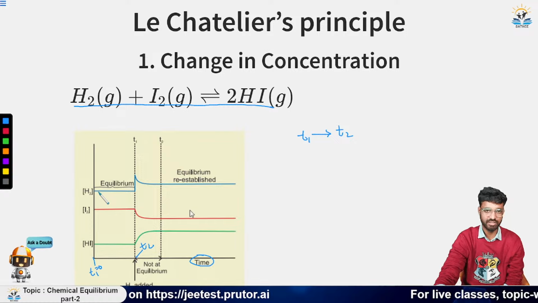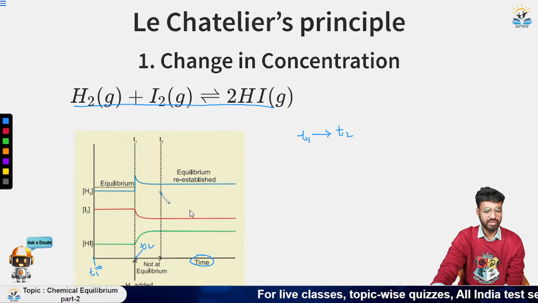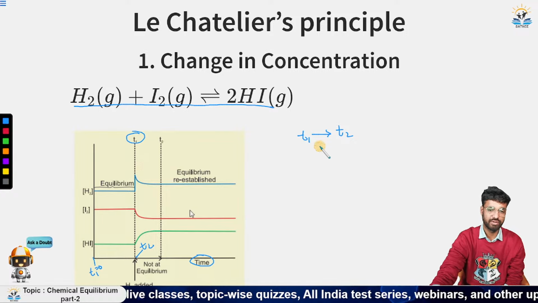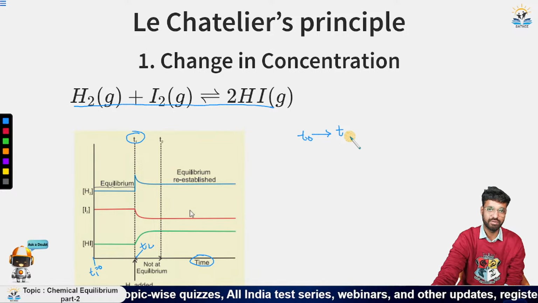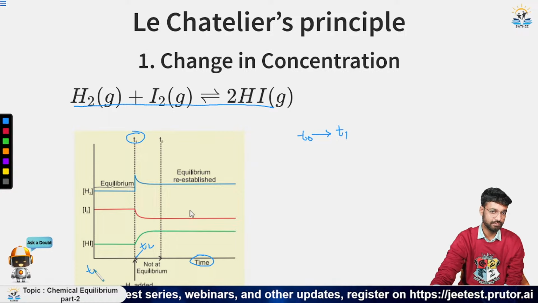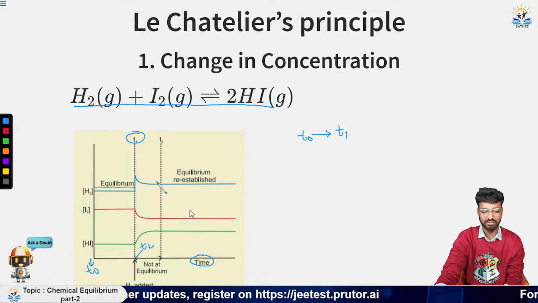The concentration is not changing at all for all these three species. But suppose we disturb the reaction at T equals T1. So let us take this T1 here. So we are going from initially T0 to T1. Now take it as this T1. Suppose at the T1 point we disturb the reaction somewhat.